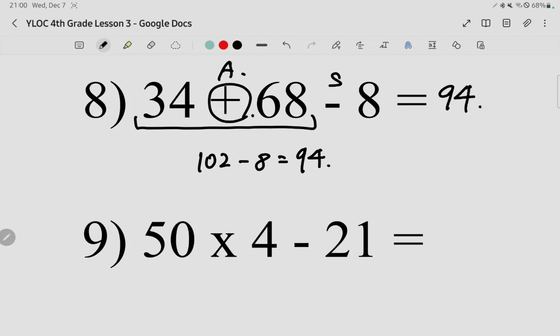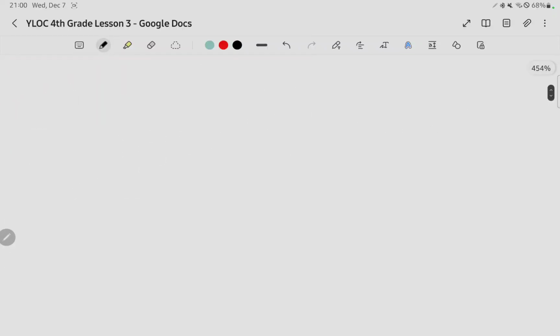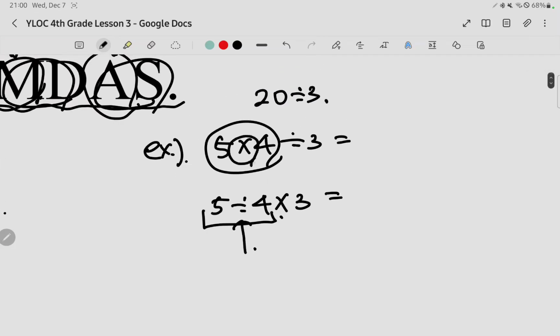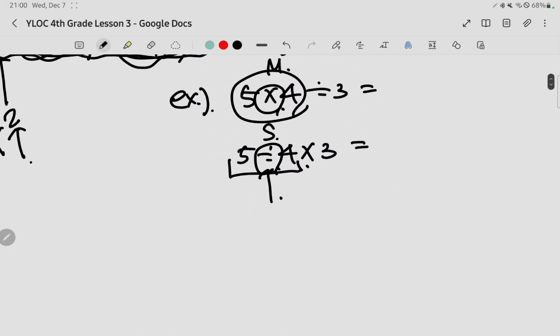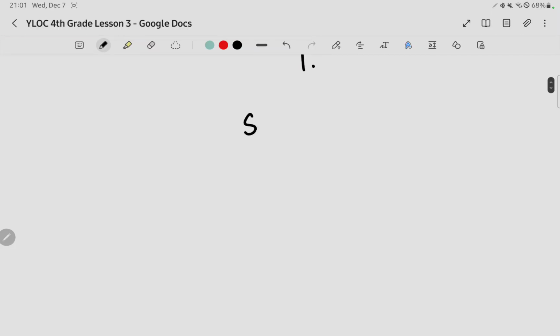One really cool thing: you remember I told you that if multiplication comes first, you multiply first, and if division comes first, you divide first. This only matters when you have all the operations. If you have 5 times 4 plus 3, you multiply first.